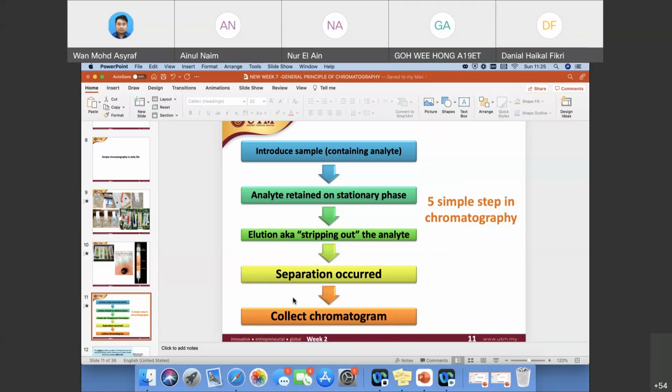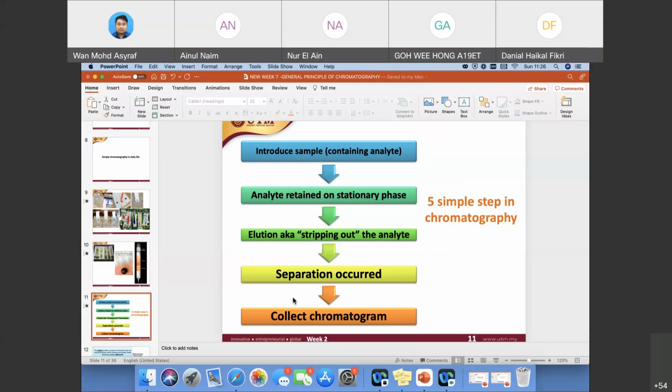separation. If your analyte has a higher interaction with your stationary phase, it will be hard to be moved by the mobile phase. If your analyte has a low interaction with your stationary phase, then it will move much more easily with the mobile phase.